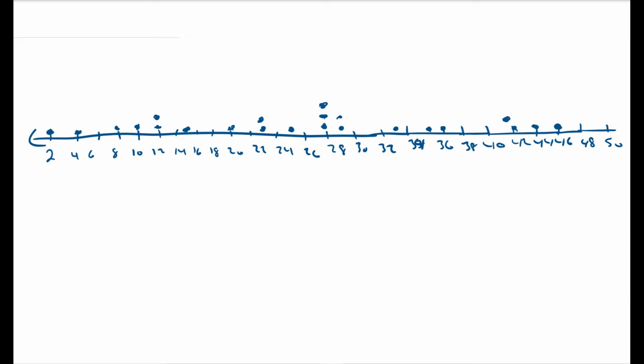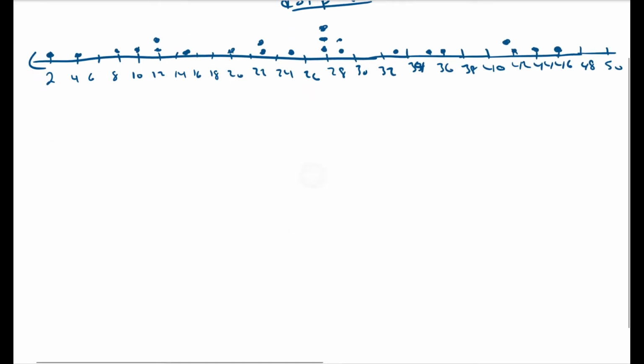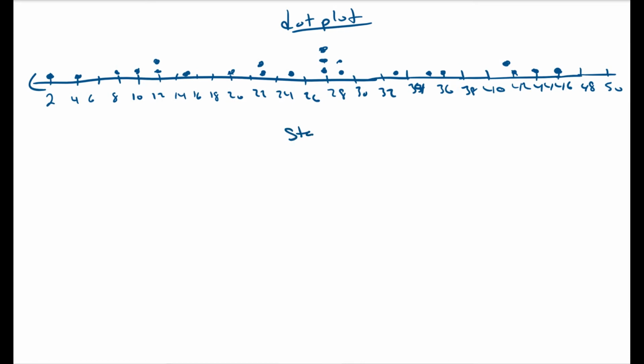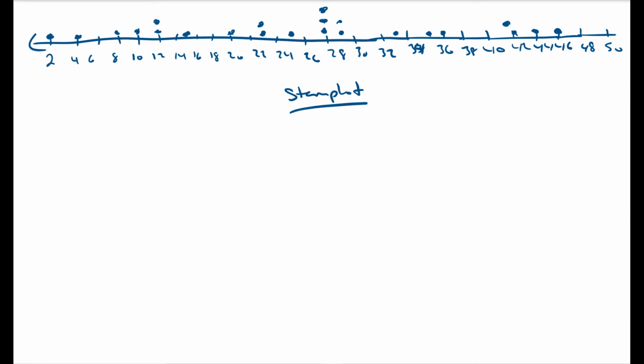Now the next thing that they want is a stem plot. To do the stem plot, we'll need the stem in one column and the leaf in the other column.